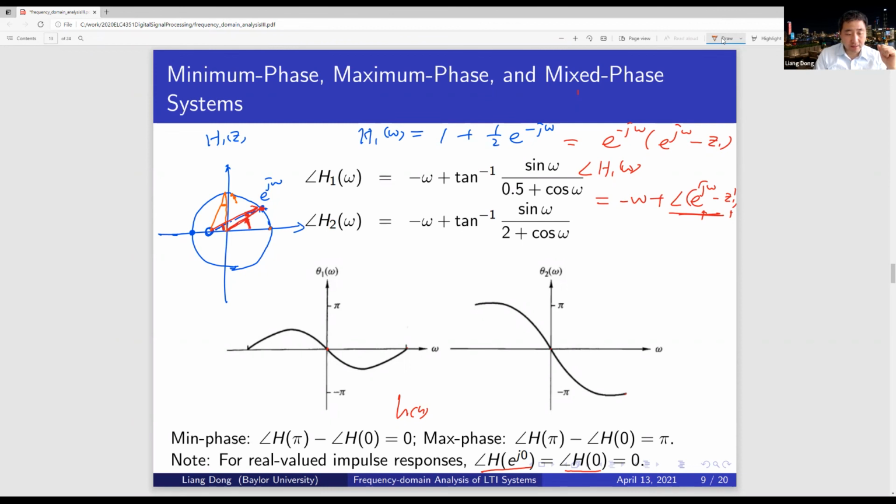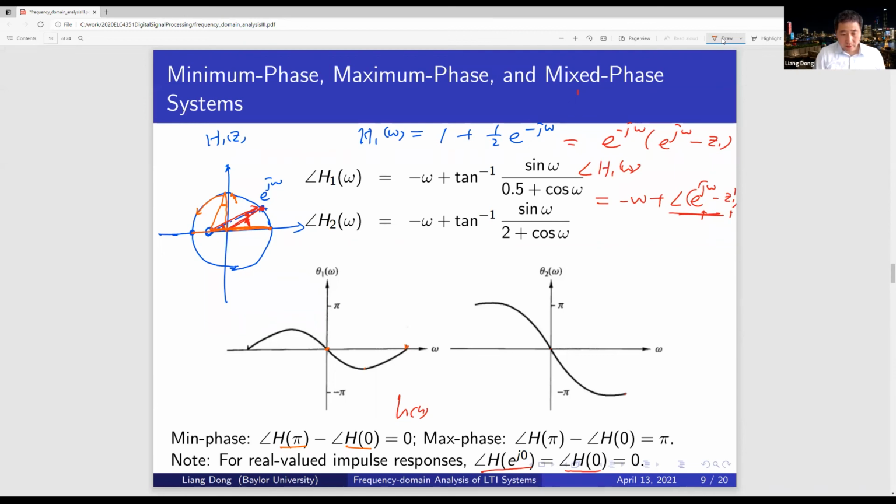Now, if I start from zero, where the phase angle is 0, omega equal to 0, then because it deformed into a line, this phase is 0, right? If I travel all the way to pi, same thing: you squash that back into 0. So indeed, we got those two parts, that is 0 and 0.